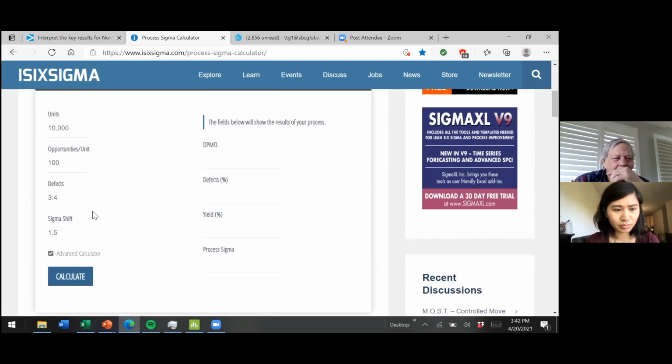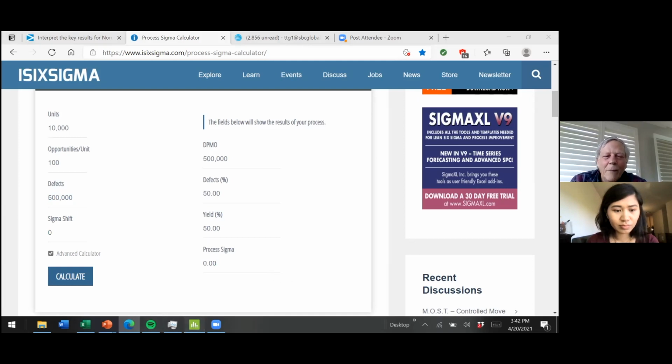Let me try it this way. There, now it's working. Still says it's 1.06 because it won't calculate a negative. Like here, if I put in 500,000 with a 0 shift, see, it gives you 0. It won't give you anything less than 0 out of here.